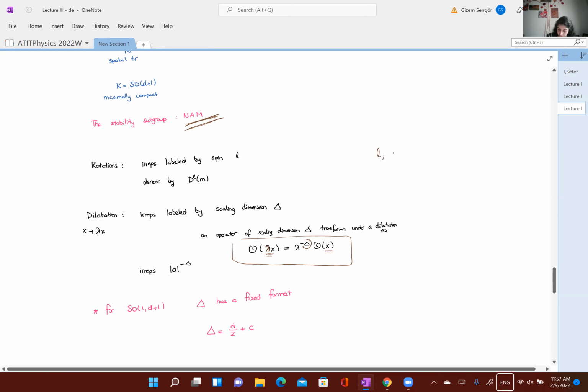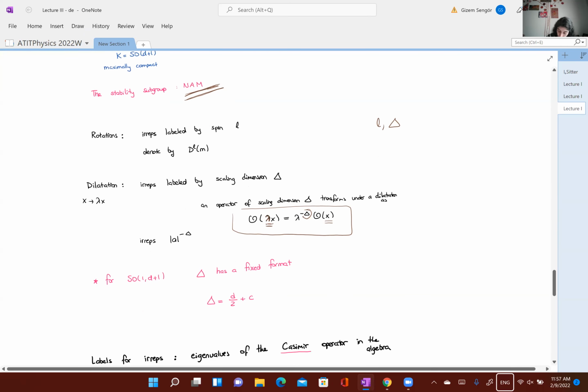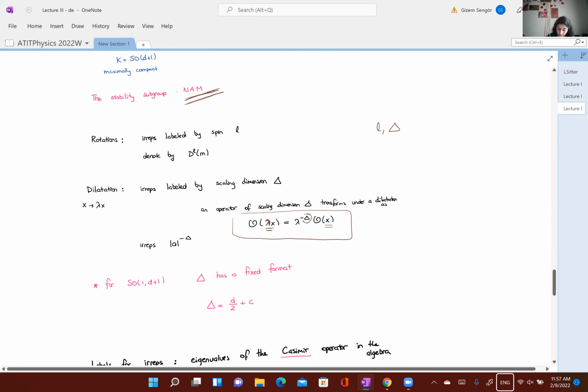So spin and scaling dimension are important things when you label the irreducible representations of the conformal group too. But there is some interesting property for the SO(1, D+1) group.